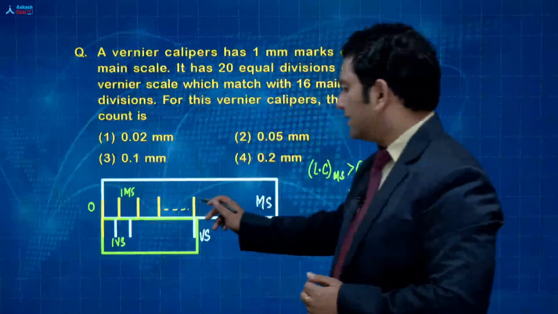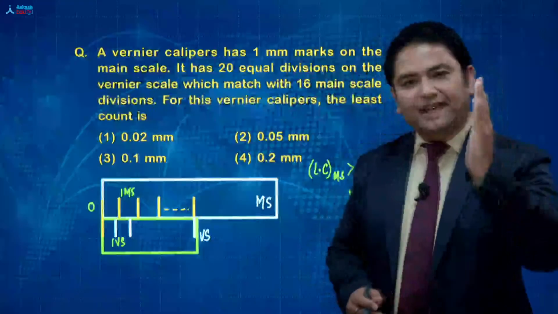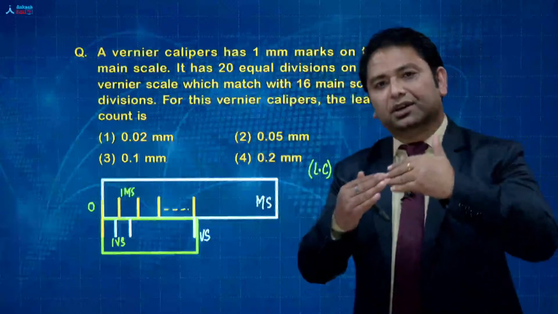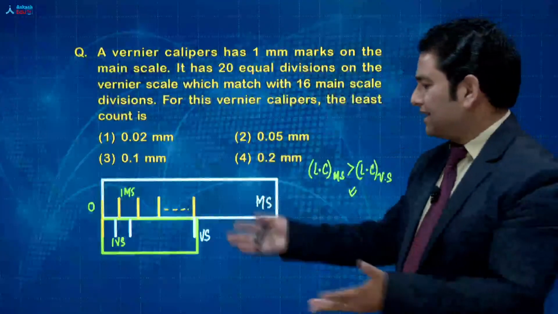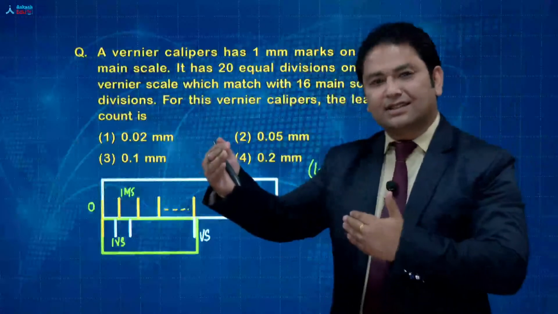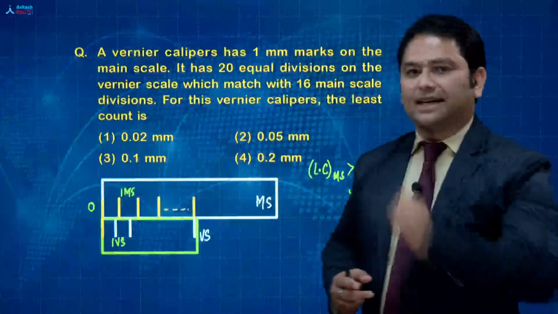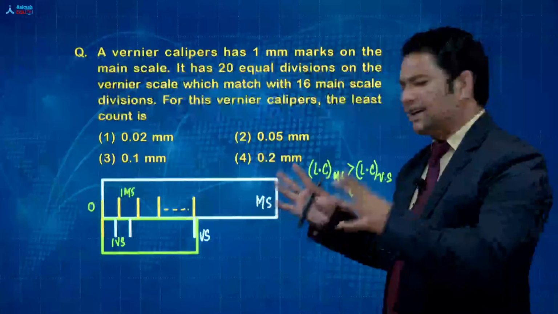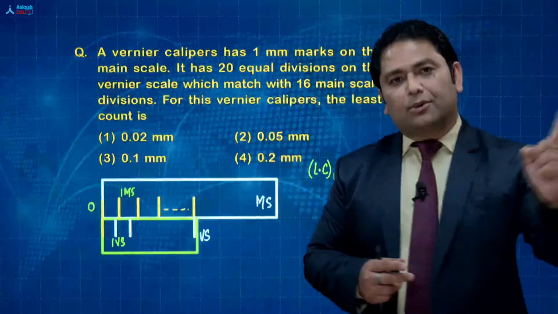Look, initially there is a gap, और वो जो gap है, वो difference है, वो बढ़ता ही जाता है. Like the first VS, first MS, there's a little bit of gap. Second VS, second MS, the gap increases. करते करते एक time आ जाता है, आप ये पाओगे that the main scale division and the vernier scale division would be exactly coinciding. That happens because the gap increases, और एक time के बाद, the lag becomes one complete cycle. Like, that's a very easy thing to understand. If I would like to give you an example, मान लेते एक circular racing track है.